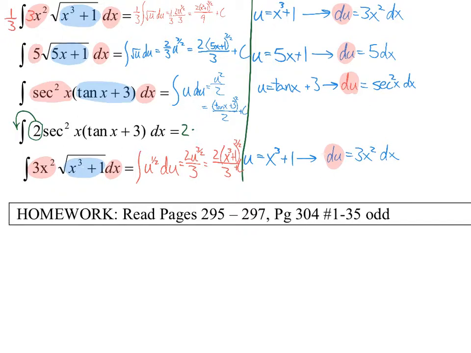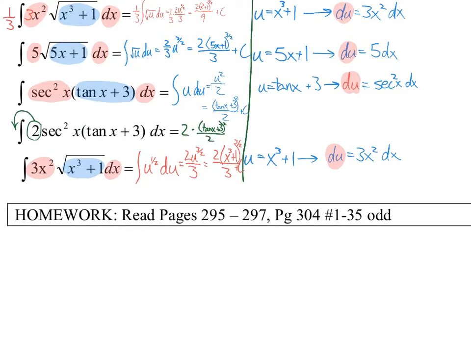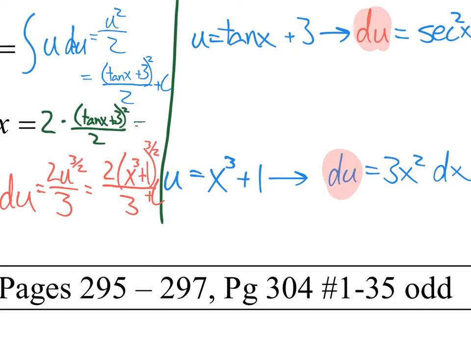It would be 2 times u squared over 2. The 2 and the over 2 would cancel each other out. So 2 times tangent x plus 3 squared over 2 would just end up being tangent of x plus 3 squared plus c. Okay?